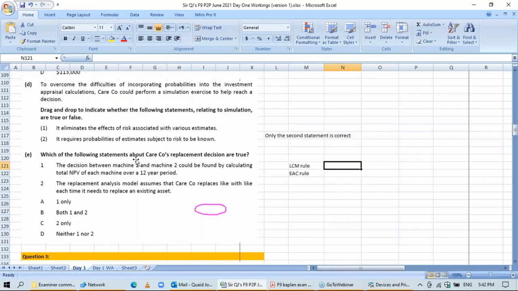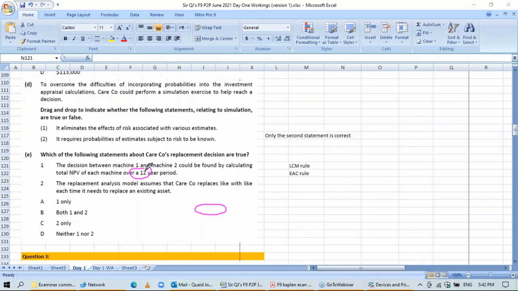Which of the following statements about CAD company's replacement decisions are true? The first one is the decision between machine 1 and machine 2 could be found by calculating total NPV of each machine over 12 years. So they are talking about the LCM rule. Earlier when we were discussing the two options in this question, one option was in the machine 1 case to replace in 4 years, and the machine 2 case that we calculated was replacing in 3 years time.